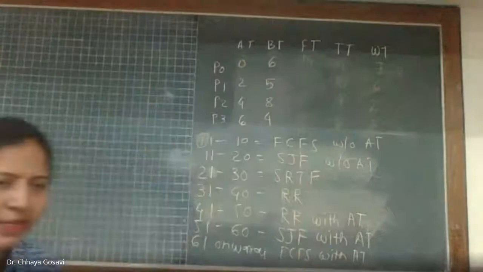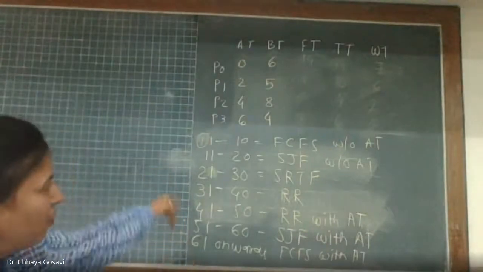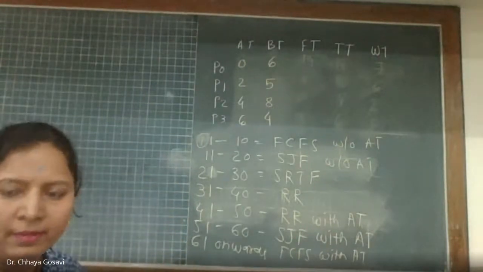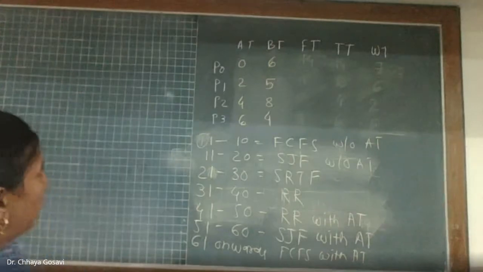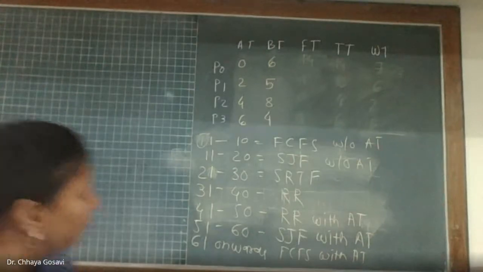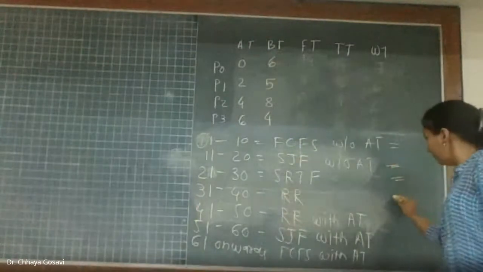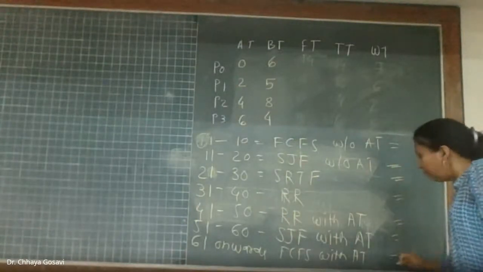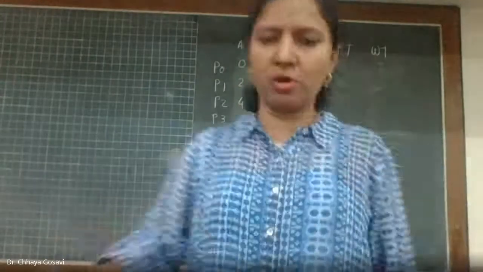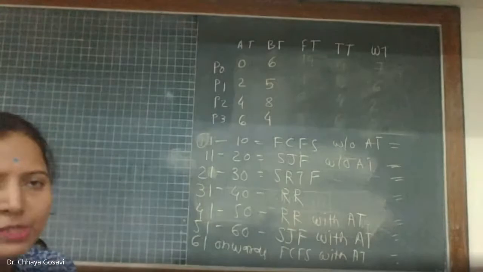Depending upon your roll number, you have to follow this algorithm, and you have to tell me the average wait time for each algorithm. For those without arrival time, you can consider arrival time is 0 for all processes.